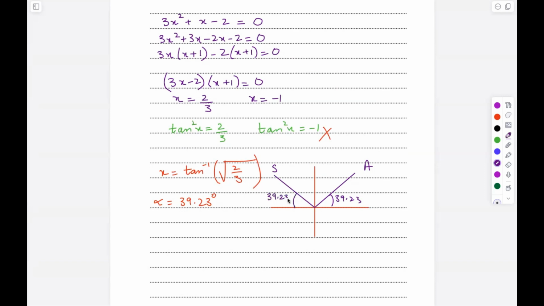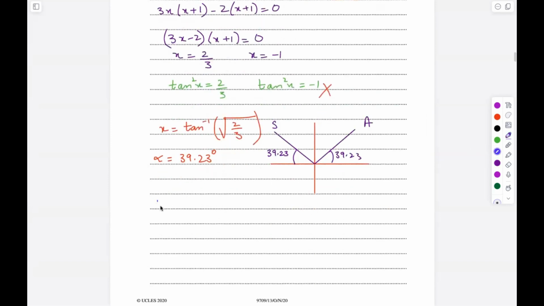Finally, finding the value of theta: the first value of theta will be 39.23, and the second value will be 180 minus 39.23. As we have to give our answer in angles to one decimal place, the final answers will be 39.2 and 140.8 degrees.